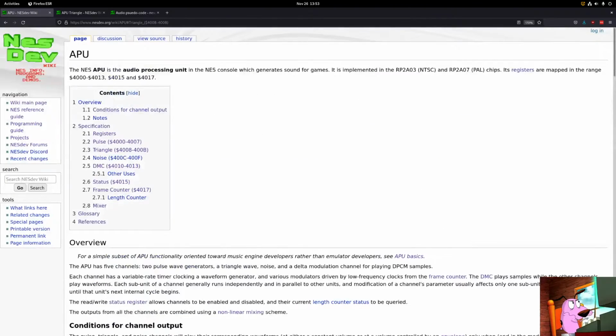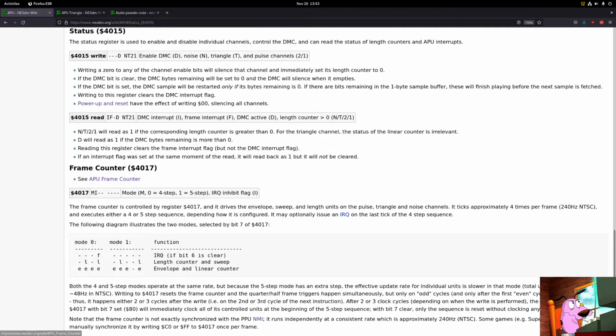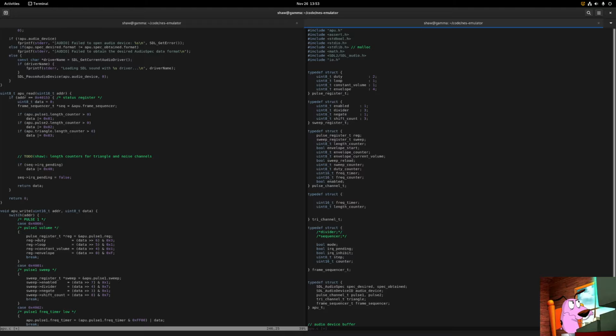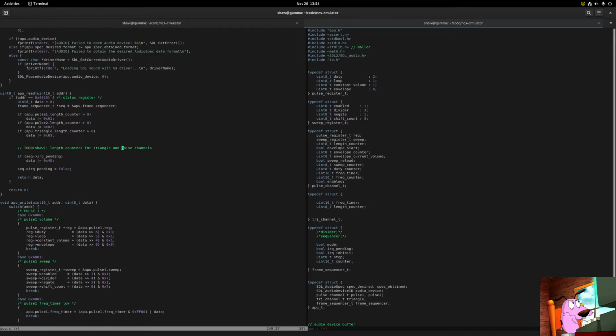So let's look at the NES dev on this. 4015. Right, so this is just telling you which channels are enabled. So pulse 1, 2, triangle, noise. Okay. So now we just gotta do the noise channel.